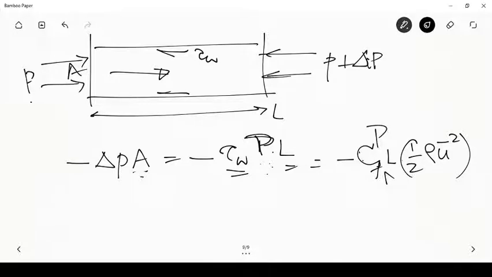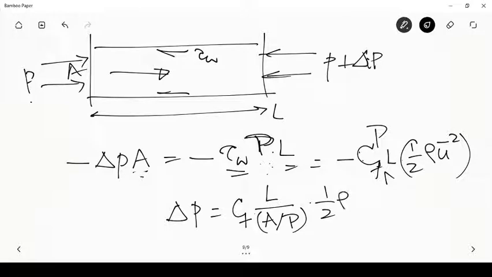Okay, so then the delta P will be equal to, I can cancel out the negative signs, Cf times L divided by there will be A by P, which is a geometric parameter, multiplied by half rho u bar square. So this is the expression that you will have.